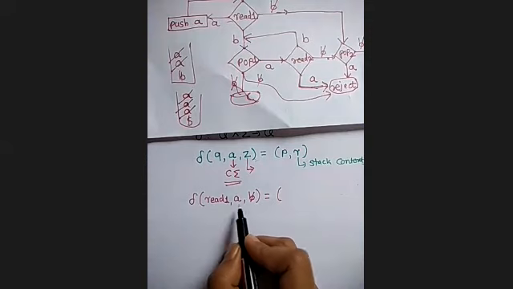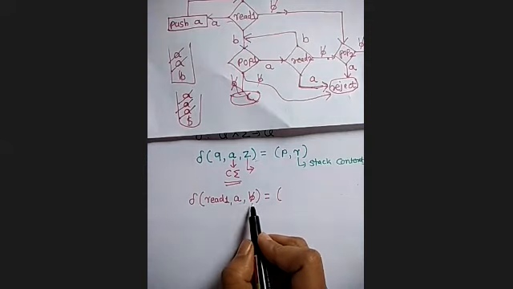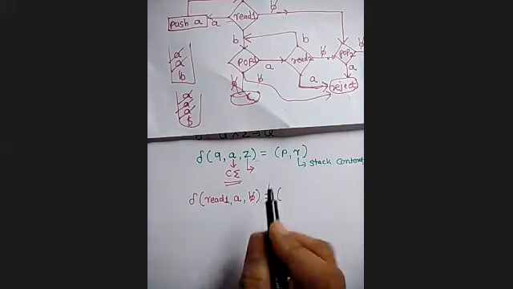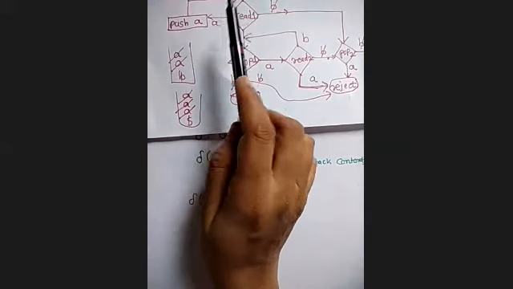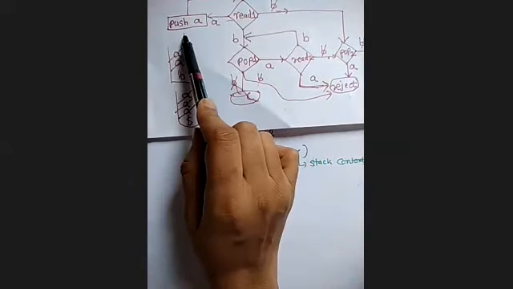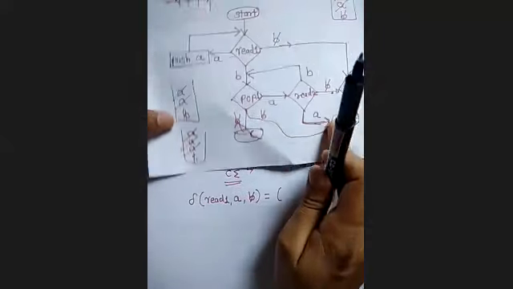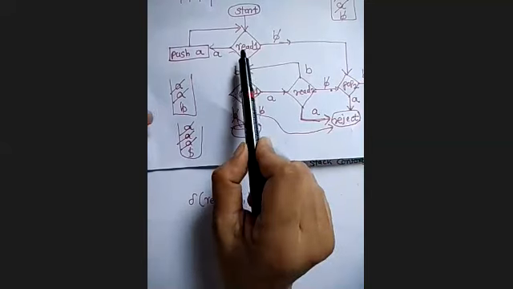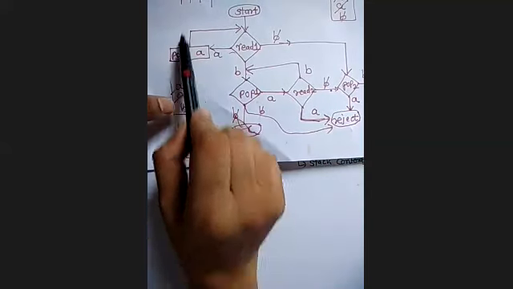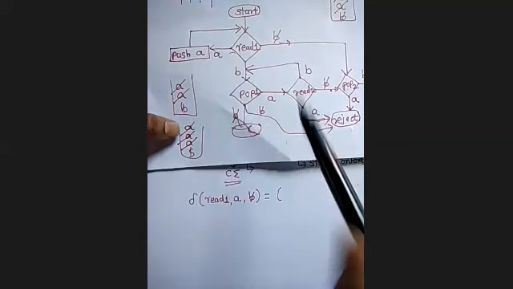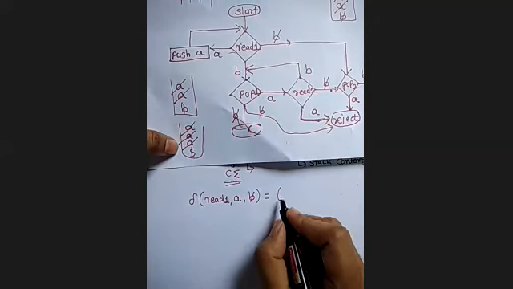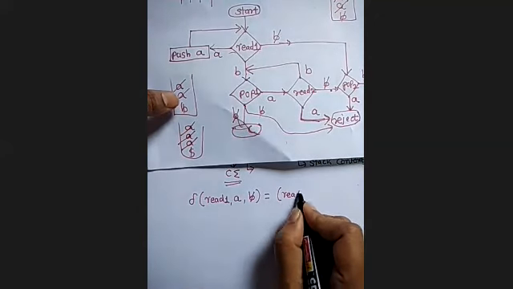In read 1, A came. Blank is what? The stack is empty at that time. So we know what we do in read 1: A is pushed on the stack. And once that is pushed, what is my next state? Here it is given. See, in read 1 we pushed A and after that my next state is read 1 only, no? So my next state is read 1.